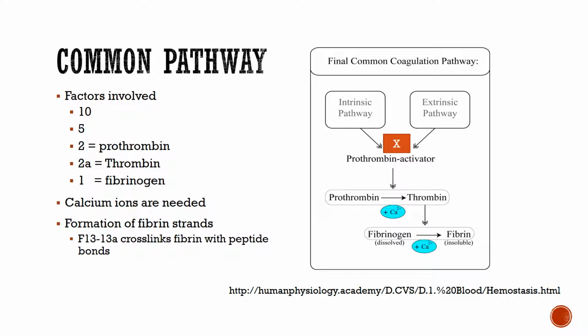Thrombin cleaves fibrinogen into fibrin strands with the help of calcium ions. Fibrin strands then bind factor 13, activating it into factor 13A, which acts as a stabilizer and cross-links the fibrin strands over the platelet plug.